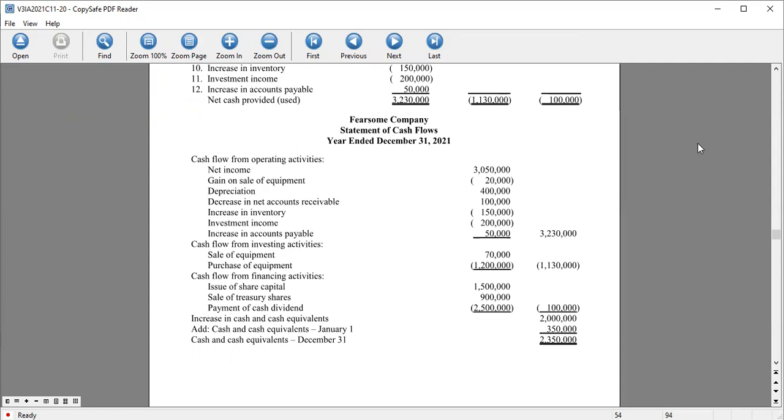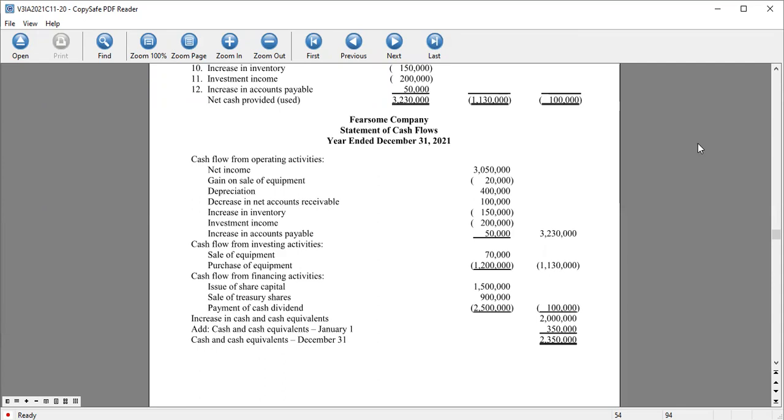If you are going to prepare a cash flow statement with the use of the direct method, no, in problem 5, then you have to arrive at the same amount of 3,230,000. However, you have to see to it that you have other data given.